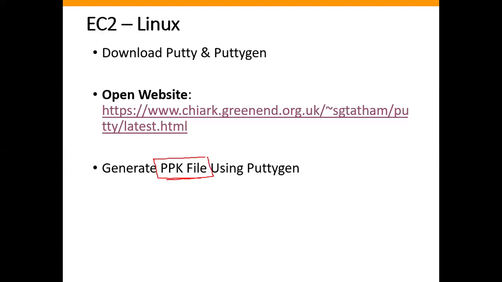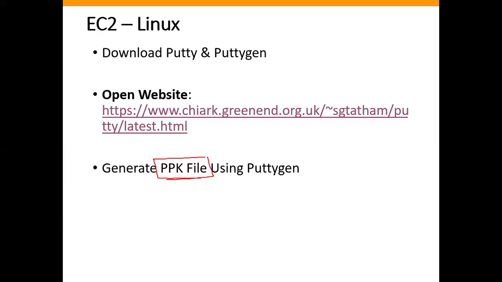But why do I want to convert PEM file into PPK? The reason is that putty does not support PEM file. So that is why putty gives a separate tool for us. With the help of that tool, we can convert PEM into PPK. But why am I showing you with putty?